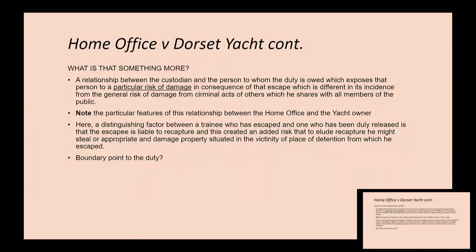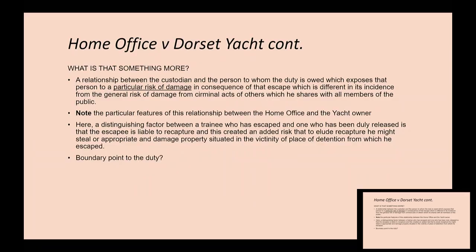Third, the only means of escape from this island would be to use a boat accessible from the shore of the island. Because of these things, the plaintiff, as the owner of a boat moored off the island, fell within the category of persons to whom a duty of care to prevent the escape of trainees was owed by the Home Office responsible for their custody.